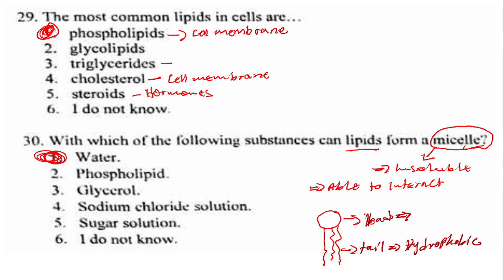I explained that hydrophobic means being insoluble in water. Then the head is hydrophilic, which is water loving, and it is able to interact with water, whereas the tail is not able to interact with water.